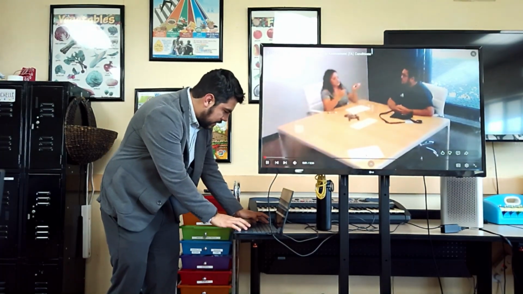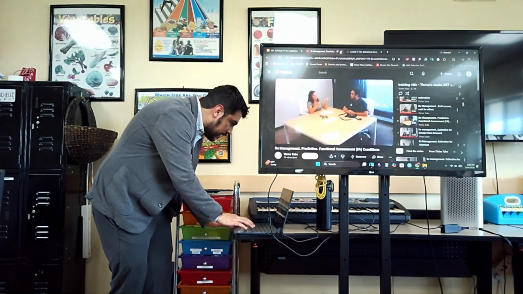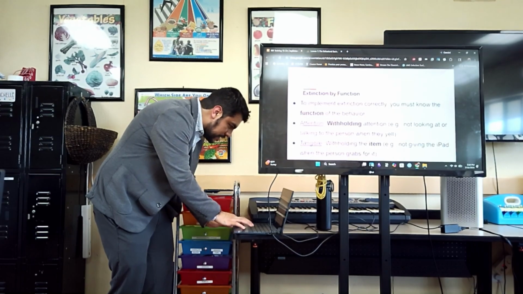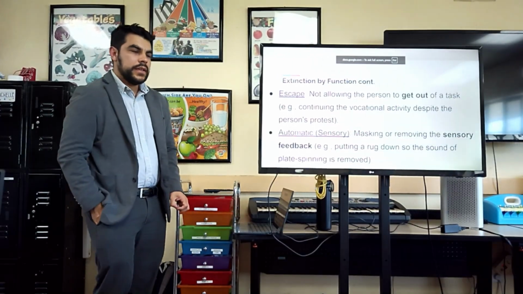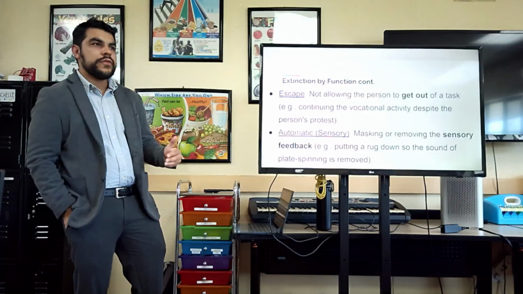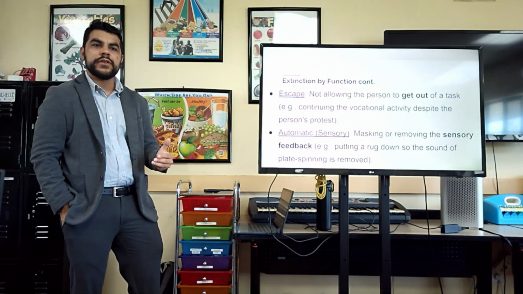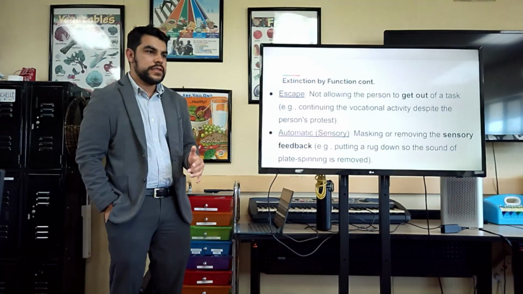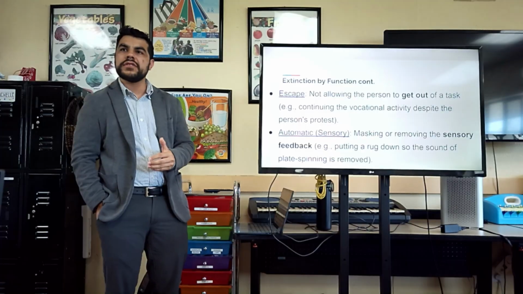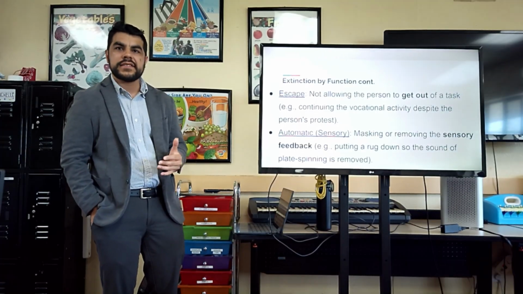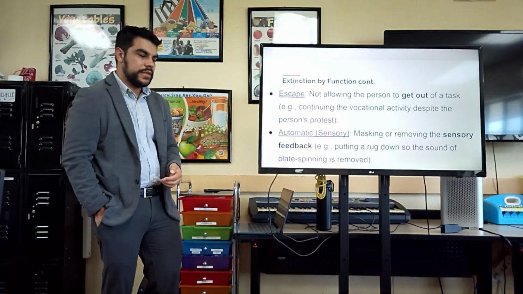As you guys can see, the aggression did not lead to the acquisition of the spinning top. And you saw she gave her a long delay for her to calm down, just so there is no association between any instance of aggression and getting access to the tangible, in this case, the top.